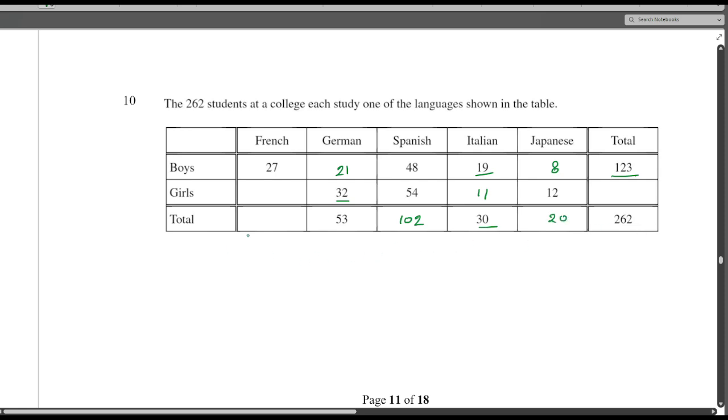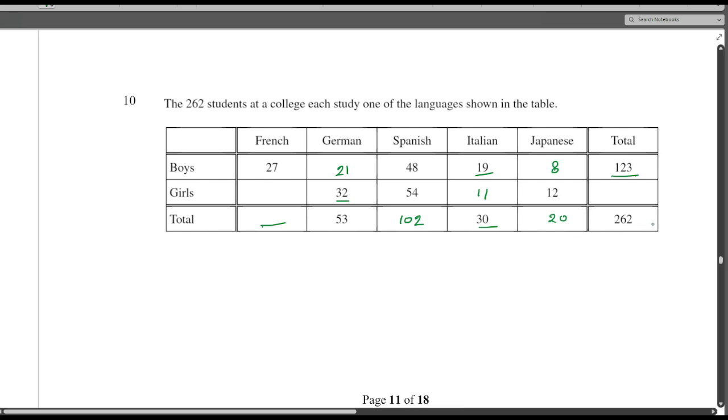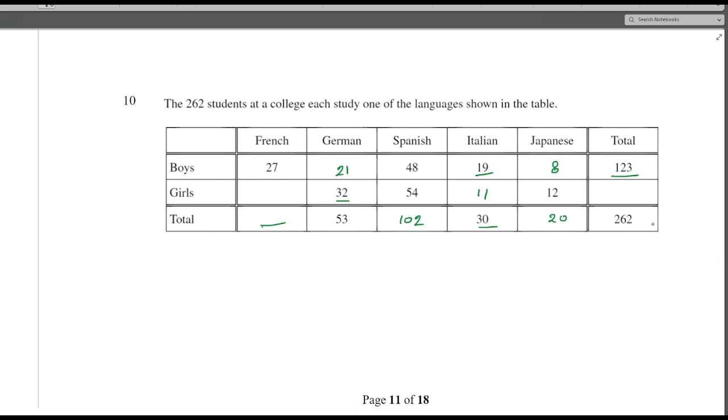Now here, the total I will get from subtracting all of this from 262. So 262 minus 53 minus 102 minus 30 minus 20. This gives me 57.